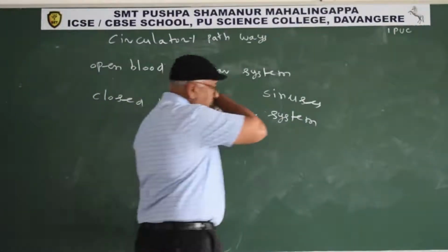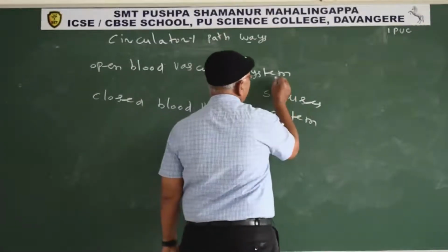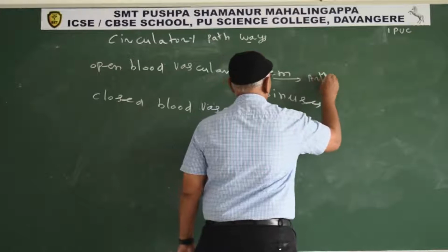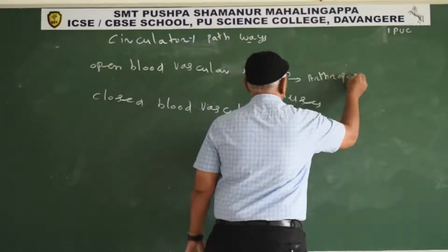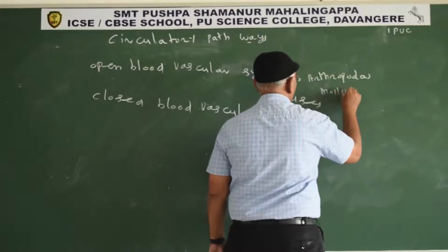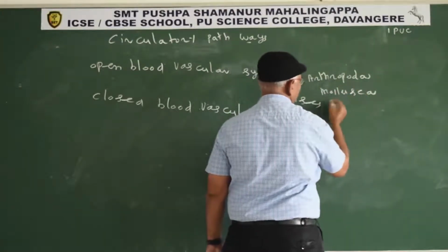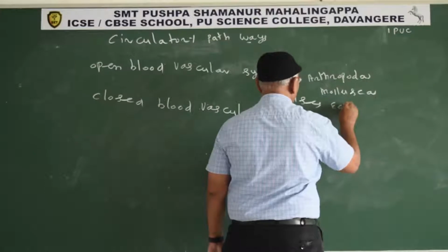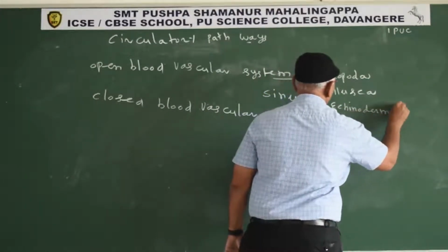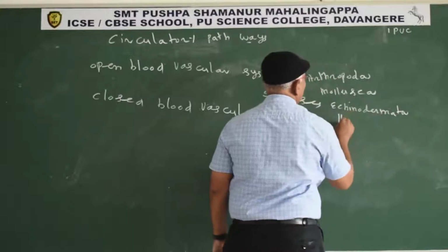This type of circulatory system is seen in members of arthropoda, mollusca, echinodermata, hemichordata.